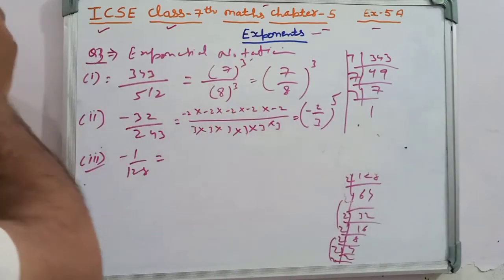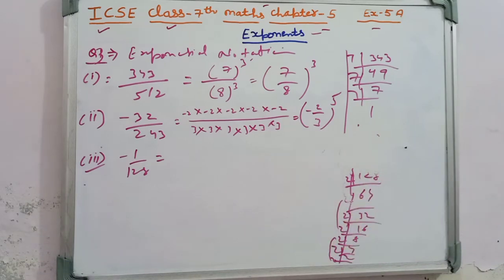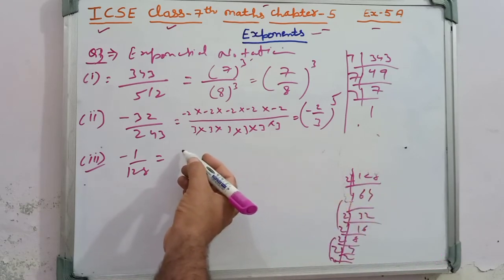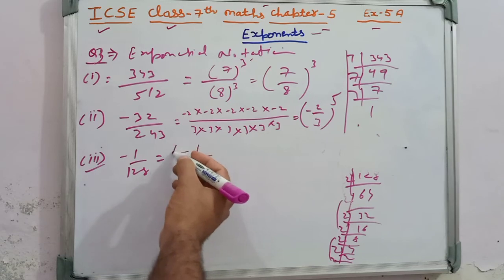We need 128 only. How many times has 2 come in the 128? 1 2 3 4 5 6 7. So minus 1 upon 2, 7 times.